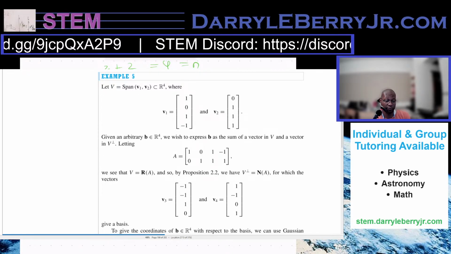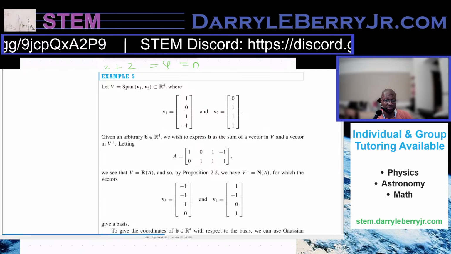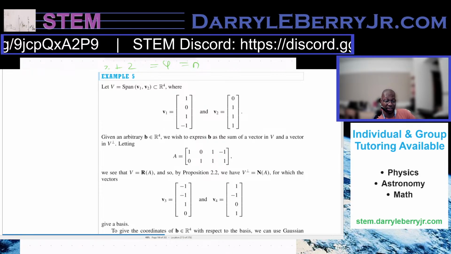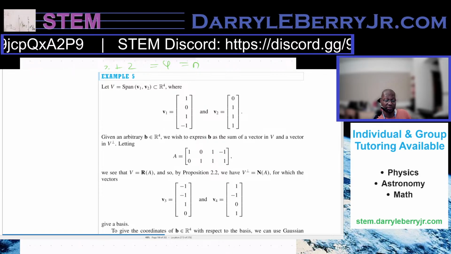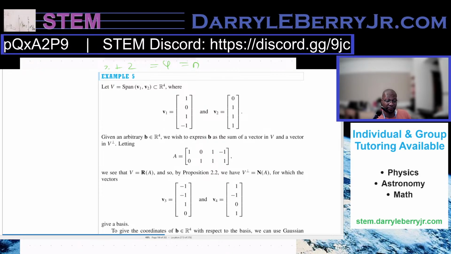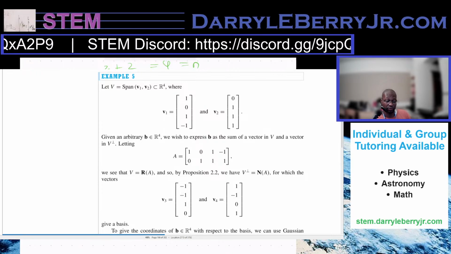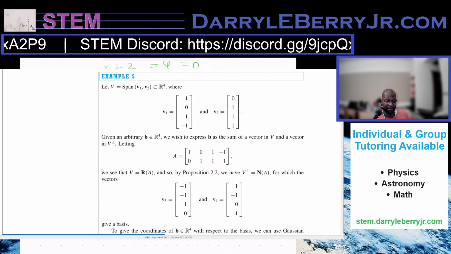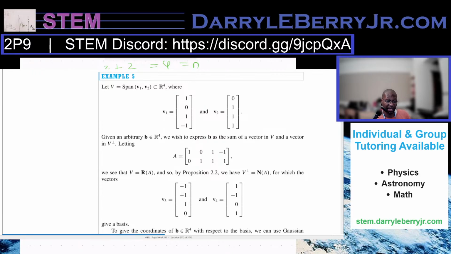Because we have two pivots, we can't reduce it anymore. So now we know we're in echelon form. And the rows of echelon form, as we saw earlier, is the row space. Okay, so that makes sense. Since the row space is what we have, the null space is going to be orthogonal to that.